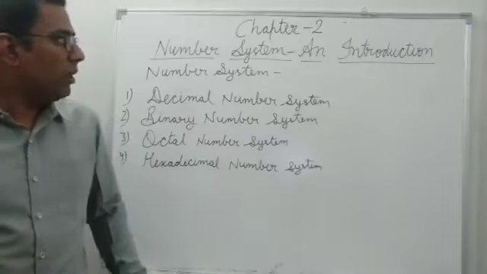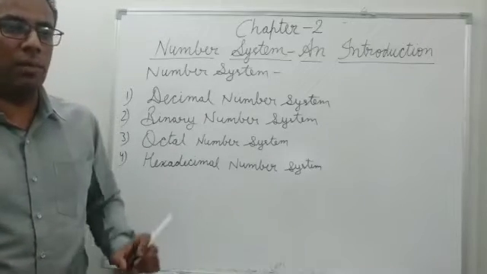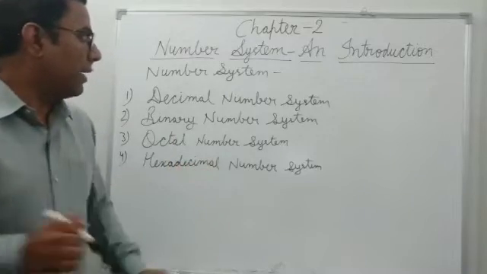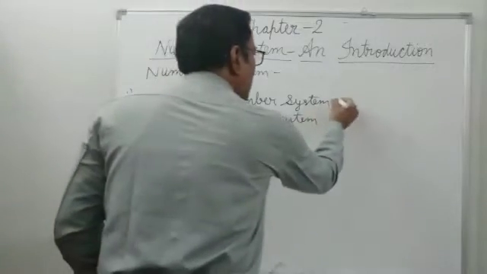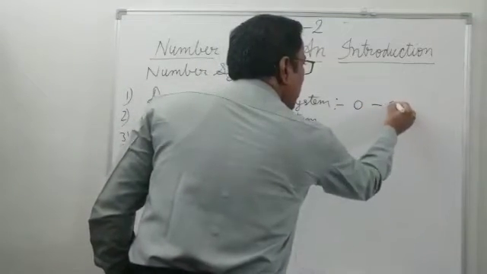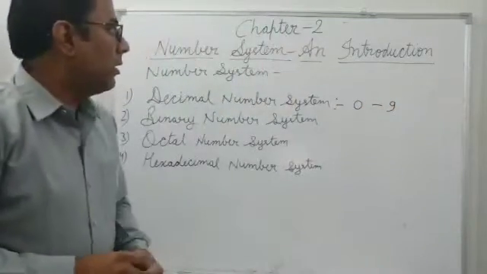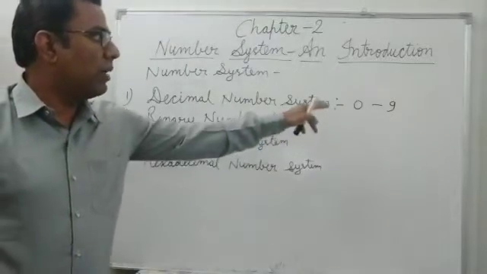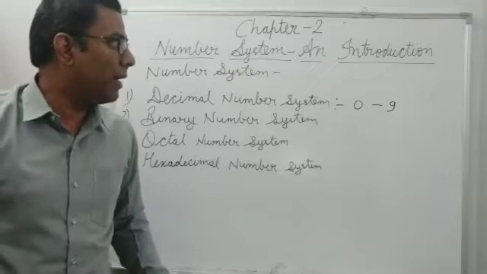This number system consists of a total of 10 digits, 0 to 9, meaning 0, 1, 2, 3, 4, 5, 6, 7, 8 and 9.